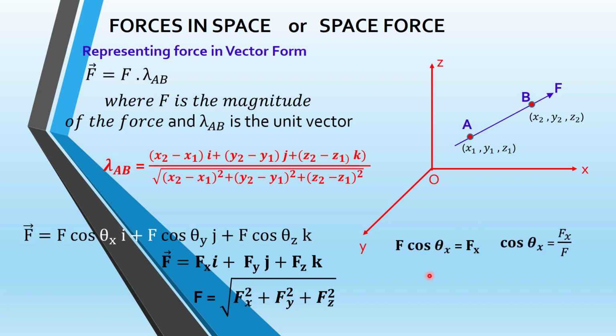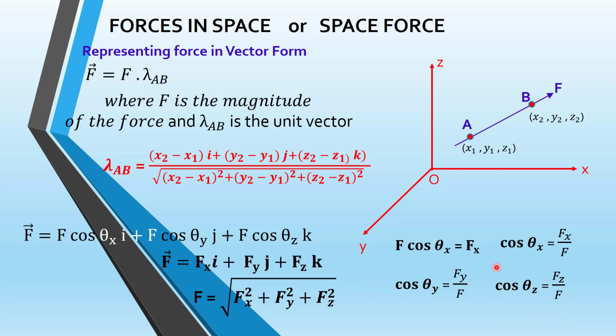How will you find out that? Cos theta x is equal to Fx by F, or theta x will be equal to cos inverse of Fx by F. That will give the direction of the force capital F with respect to x axis. Similarly, you can find out cos theta y, which will be equal to Fy by F, or theta y will be equal to cos inverse of Fy by F, and cos theta z is equal to Fz by F, or theta z will be equal to cos inverse of Fz by F.